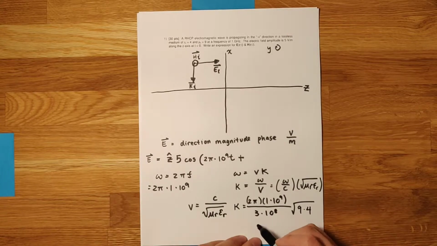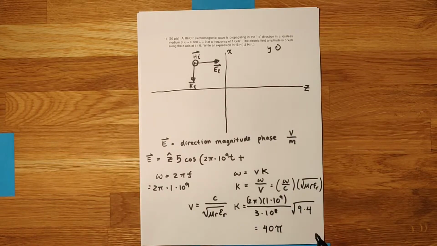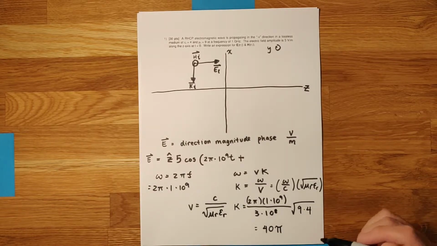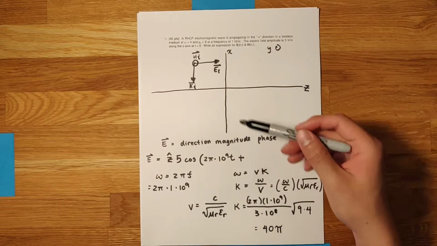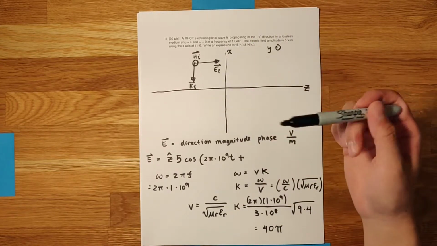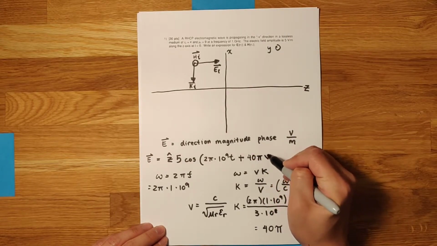And doing the math, you will get 40 pi. Now this is simply the magnitude for k. And as said before, it's going in the negative x direction. So it'll be 40 pi x.